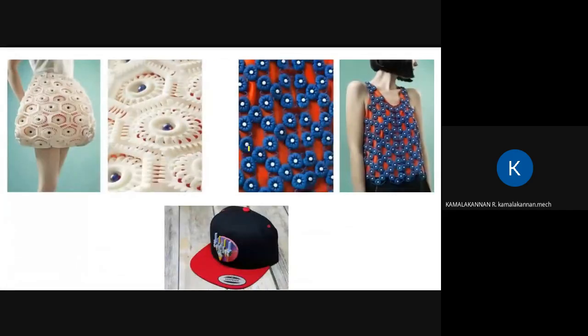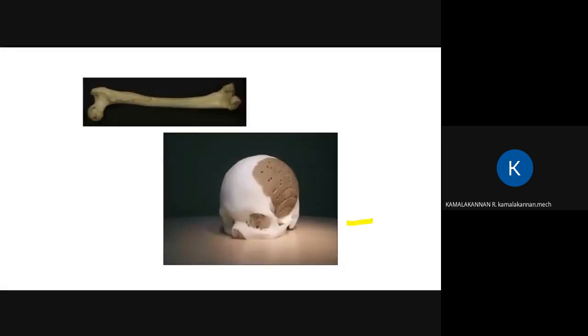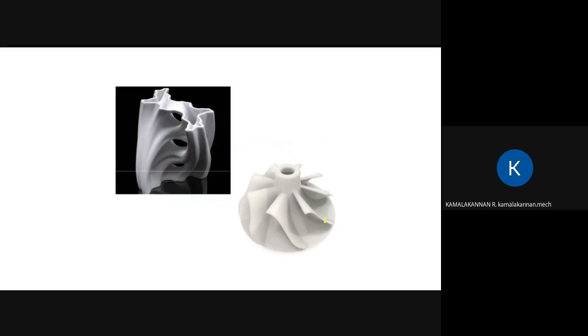Especially I told you how 3D printing, or additive manufacturing, is used in the textile area. They have used some flexible plastics and polymers in dresses. That is the example I gave. In the medical field, they can easily make complex shapes without additional cost.